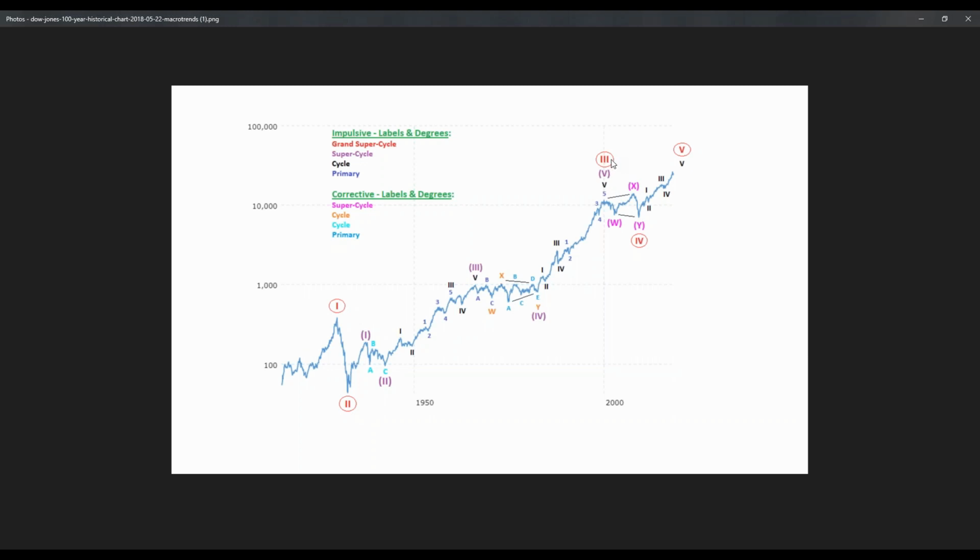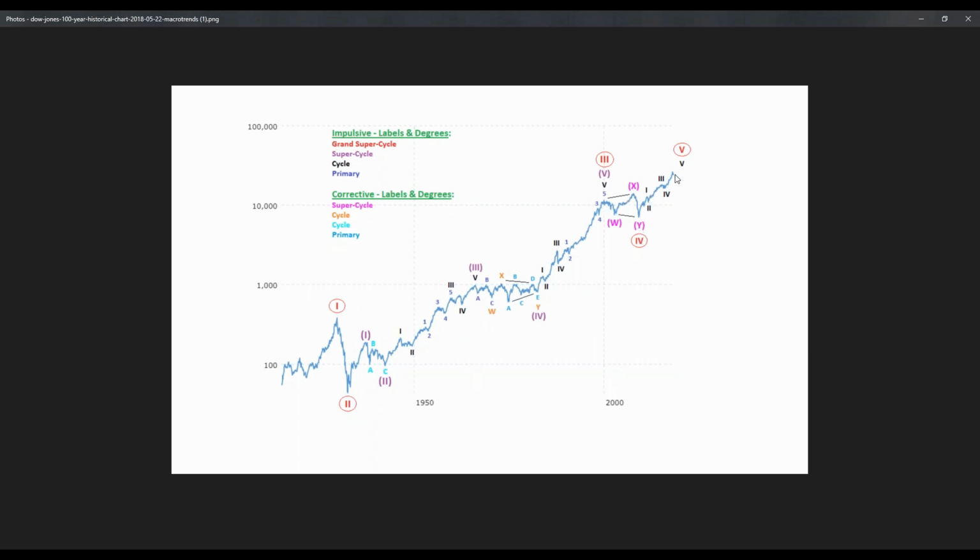Then the volatility kicked in, dot-com bubble, early 2000s, wave W. Then the market revived, X, 2008, 2009 recession, wave 4 complete, WXY complex correction. Again, law of alternation: sharp correction, simple ABC, and then complex in 4.